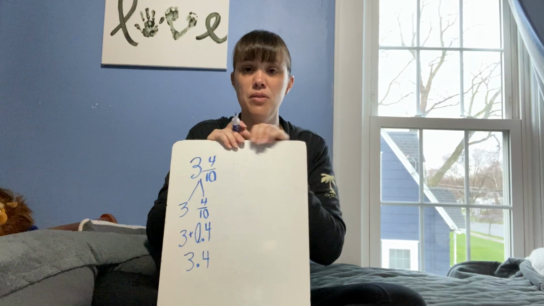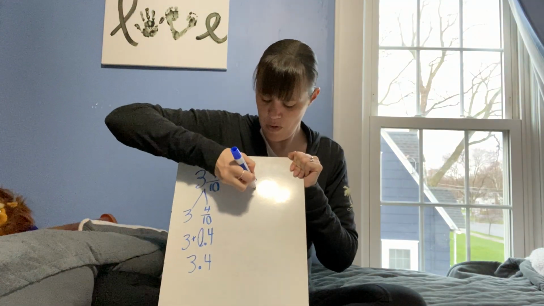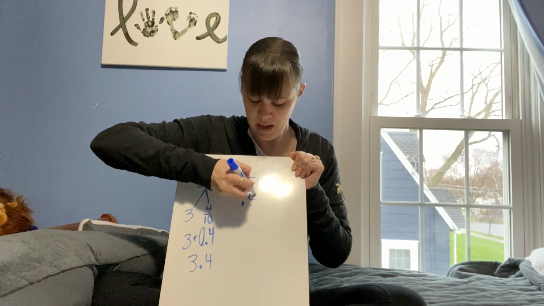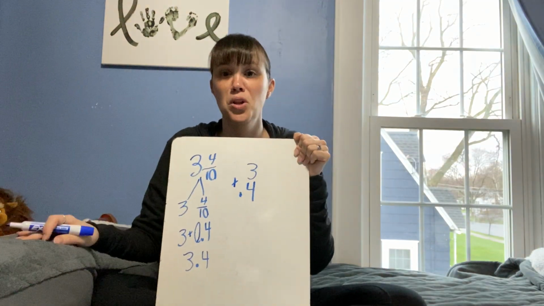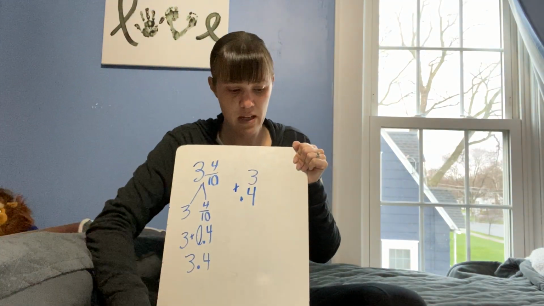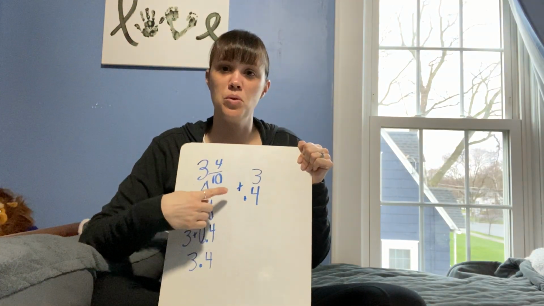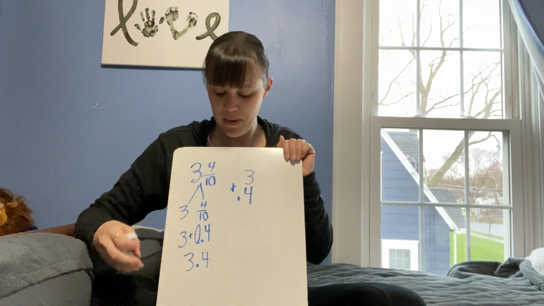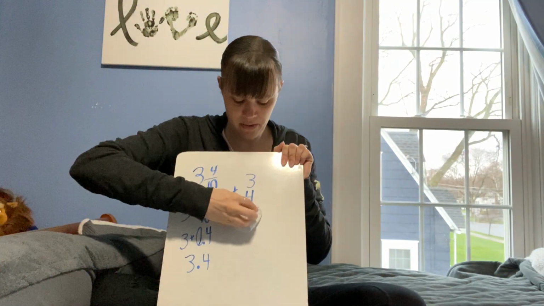3.4. Now, if I were going to add this, some of you are like, oh, okay, let's just do it like that. Well, no way is that right. Not that we're even at the point where we're going to add decimals, but there's no way you are going to line it up like that. So be very careful.